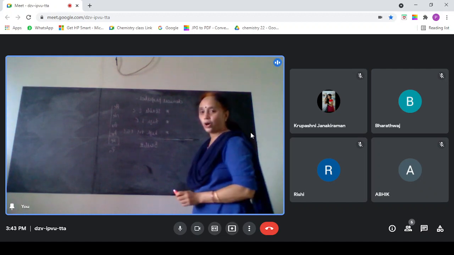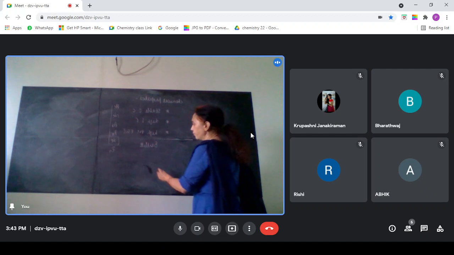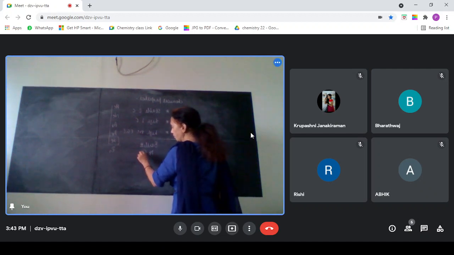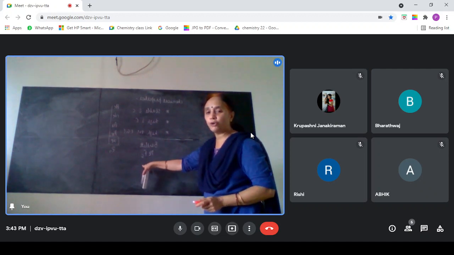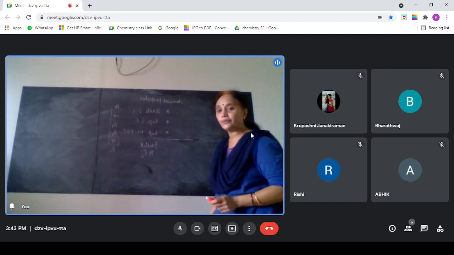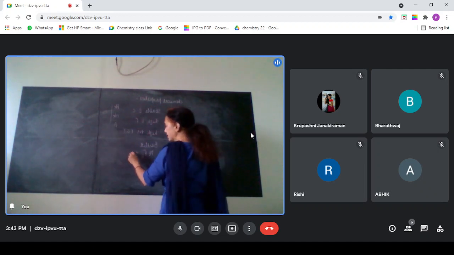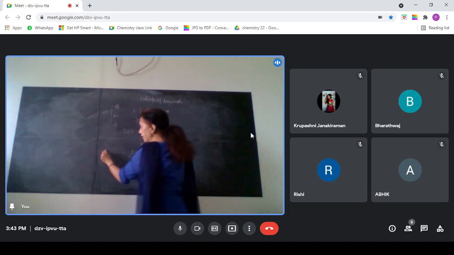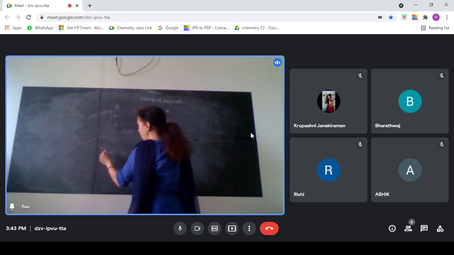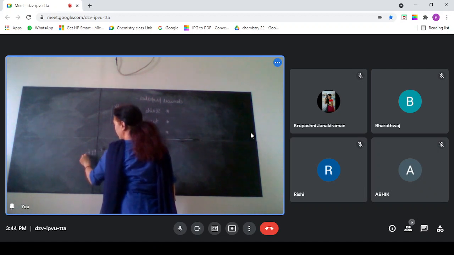So what happened was, a scientist by name Neil Bartlett took a compound. This is platinum hexafluoride, which is a gas, and when he reacted that with oxygen, platinum hexafluoride oxidizes oxygen, forming a compound.